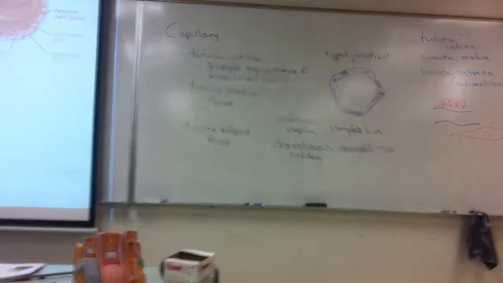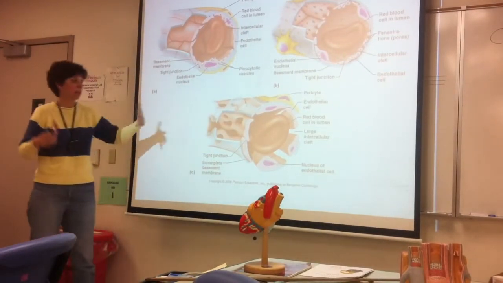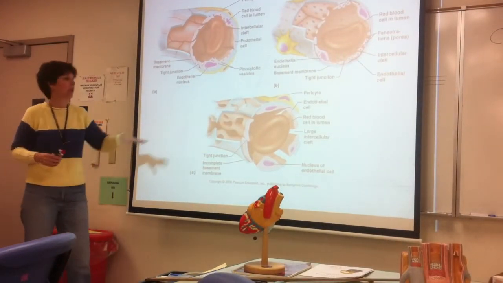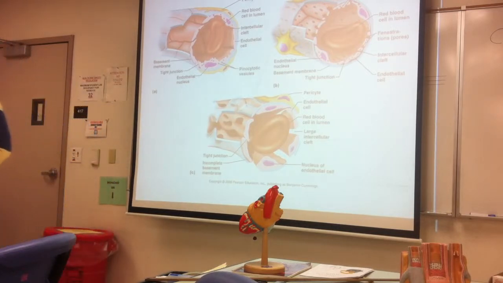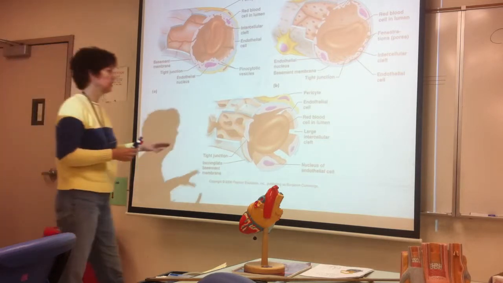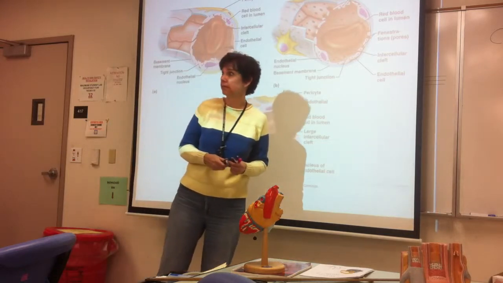So in this one, you can see there's large spaces in the membrane and between the capillary cells. We find this type of a capillary in the bone marrow or in the liver, where red blood cells move in and out, or white blood cells that are newly formed in the bone marrow. And so a very large capillary like that is also known as a sinusoid.